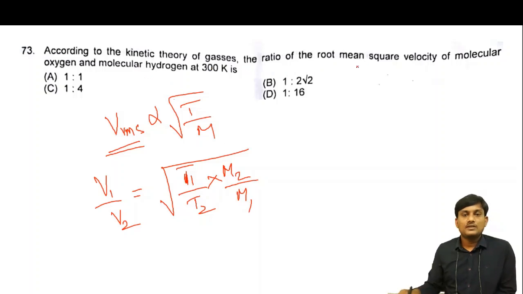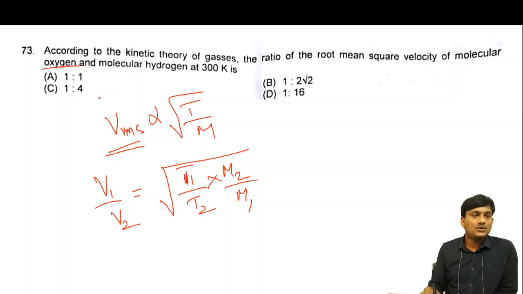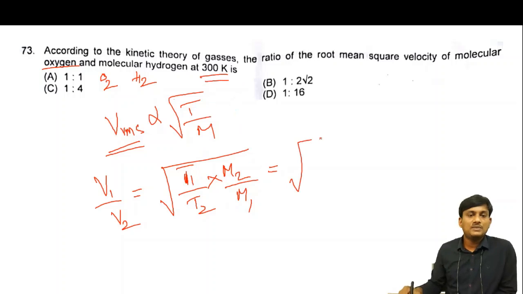In this case, the ratio of the root mean square velocity of molecular oxygen O2, the first one, and molecular hydrogen H2. Here the temperature is the same at 300 Kelvin, so there is a cancellation of temperature, and it will become root over M2 by M1.